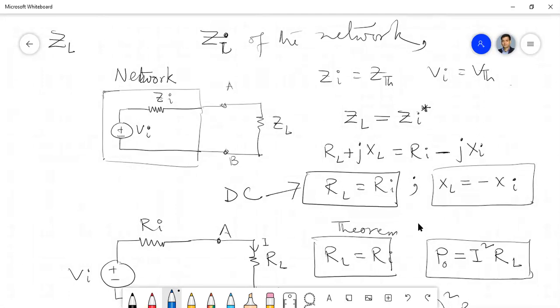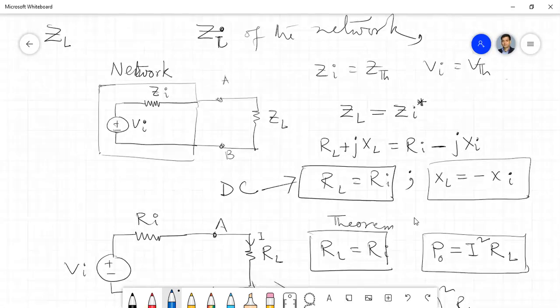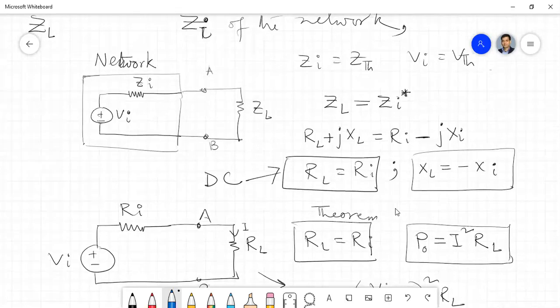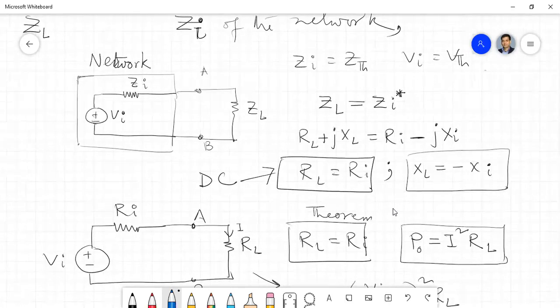Anyway, the condition which we obtain for the maximum power which will be dissipated across any load impedance ZL is that ZL will be the complex conjugate of the internal impedance of the rest of the circuit.